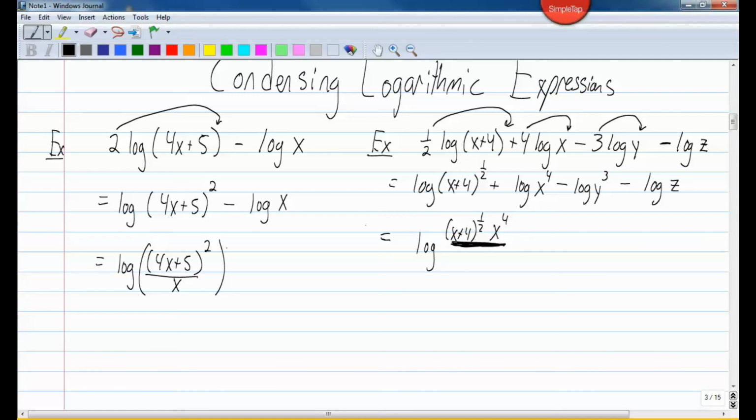It doesn't matter. Those are the two positive ones. I have two negative ones as well. So that's going to be y cubed and times z in the denominator. Alright, so if it's a positive logarithm, all of those terms go in the numerator. If it's a negative logarithm, all of those terms go in the denominator. And you make sure that you make a product of all those terms. That means multiply all those terms as you put them in, either the numerator or the denominator.